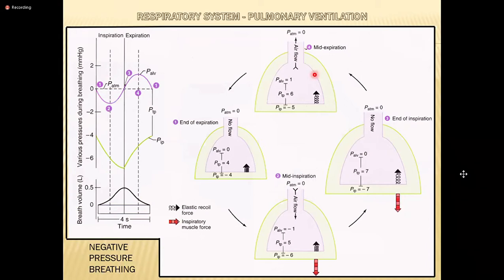So during your mid-expiration, your alveolar pressure is already 1, higher than that of the atmosphere, which is 0. So what happens to your intrapleural pressure? It will become -5. And the transpulmonary pressure, 6, mid-expiration.